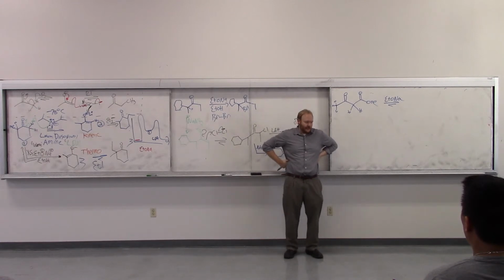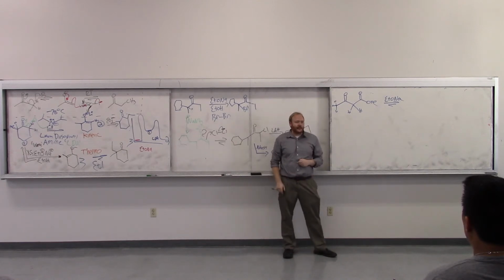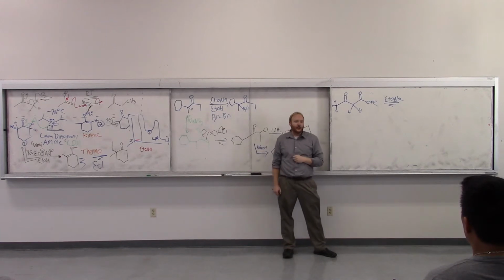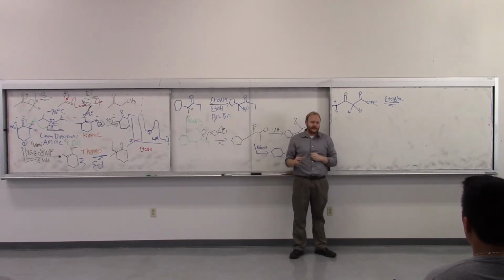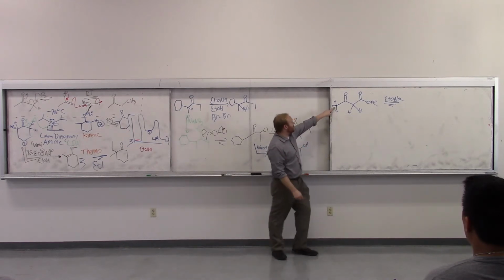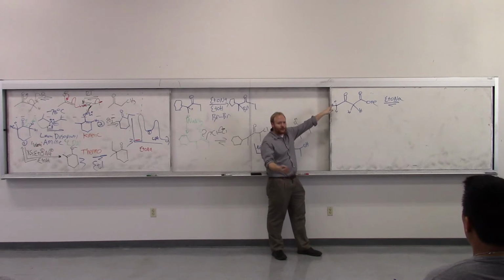And on Wednesday I talked about the acidity of dicarbonyls. What I mentioned was for dicarbonyls, so an alpha carbon with carbonyls on each side, because now we have doubled the resonance, they're significantly more acidic than a typical ketone. So whereas a typical ketone, this carbon-hydrogen bond will have a typical pKa of 20.